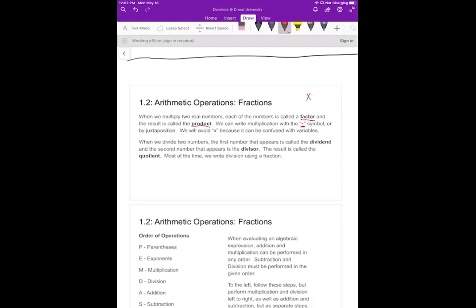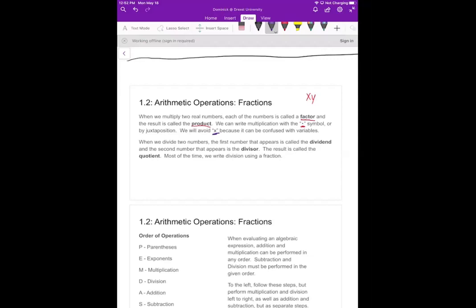So if I write something like xy, it's sort of understood that x is being multiplied by y in that scenario, right? Now, I'm going to avoid using x to symbolize multiplication just because most of the time we reserve x for the use of a variable, right? So I'm going to avoid using x most of the time for multiplication.